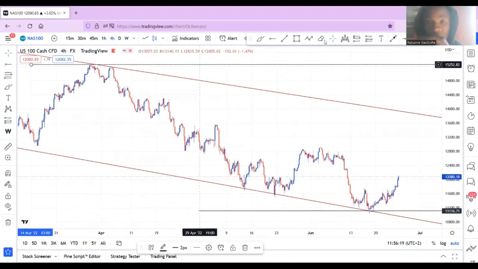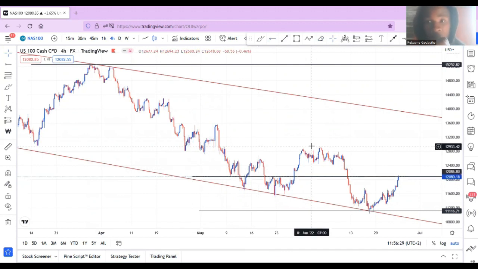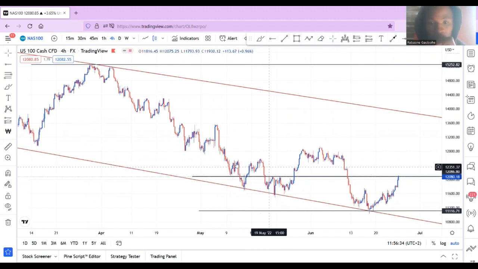So we have this sensitive area here where the market is at right now. The reason why I'm saying it's a sensitive area is because the market respects this area. As you can see, it gave us buys, it faked out, went for buys, came and broke, gave us sells. This area can act as a support and a resistance too.